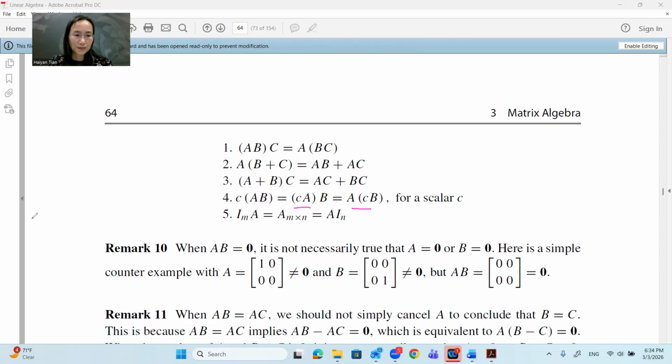And the identity matrix times A is equal to A times the identity.